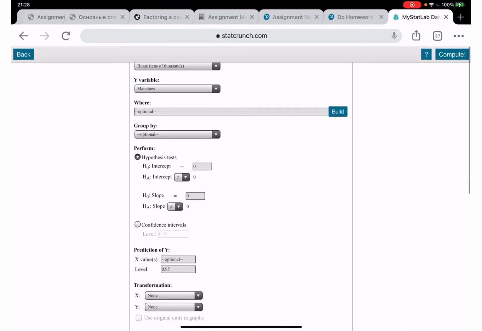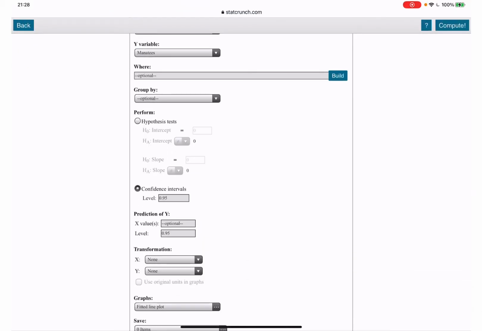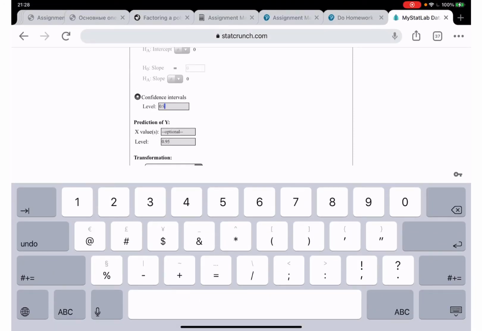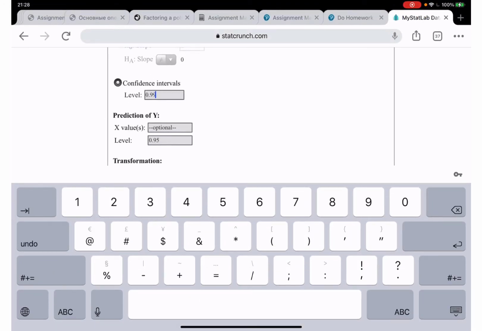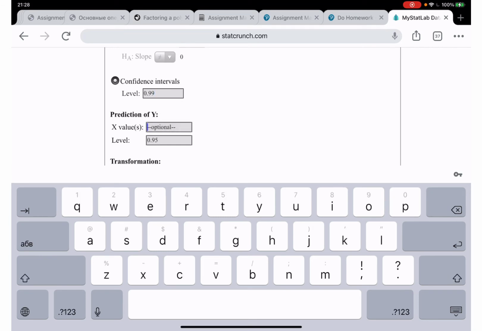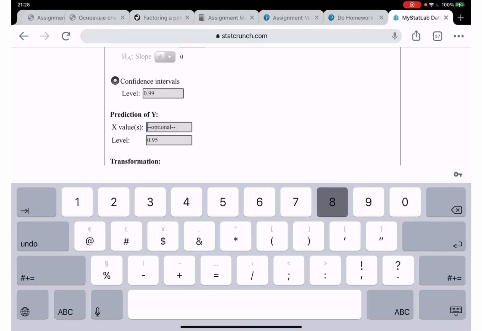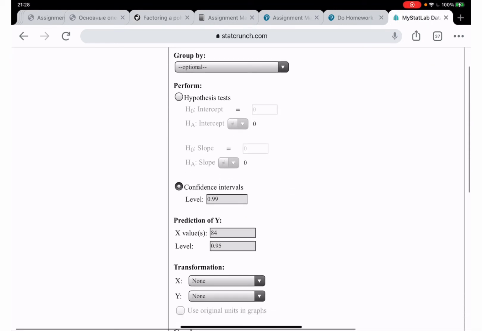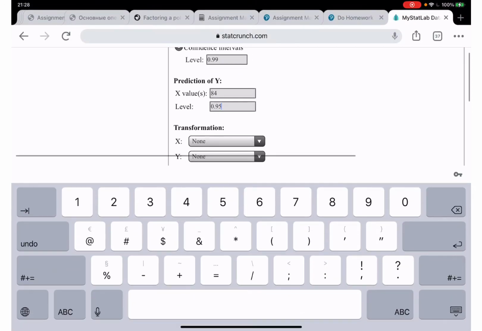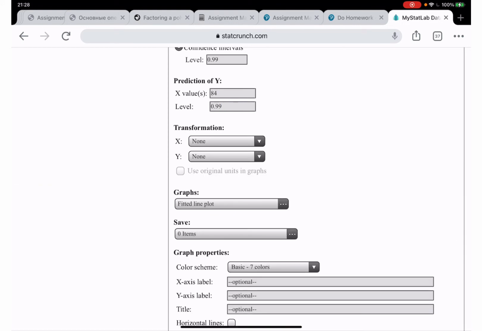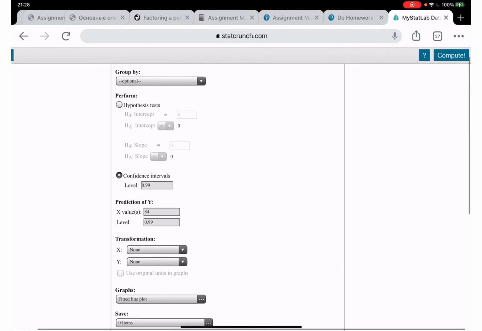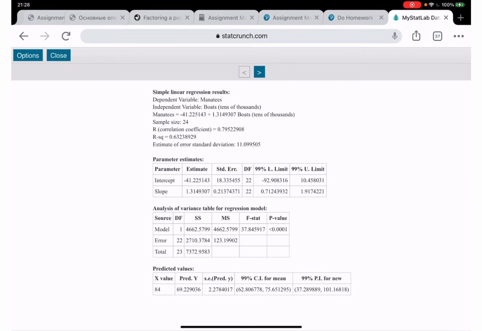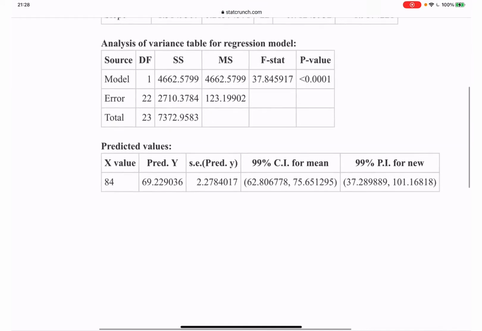So what am I going to do? I'm choosing confidence, typing 99. X, I'm typing 84. Yes, 84. And the level is also 99. We have it, so let's click compute. And here is our predicted value.